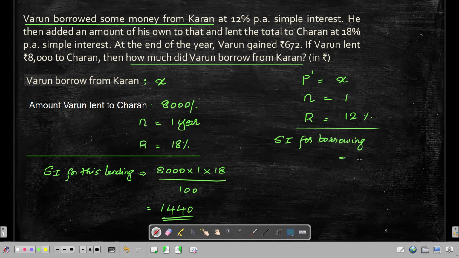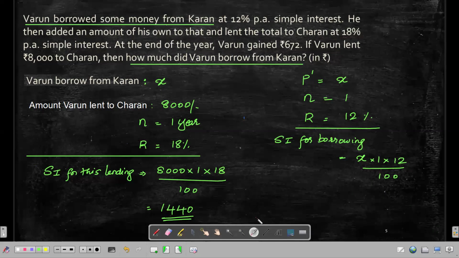That is nothing but PNR by 100. Now, listen very carefully. This 1440 is the money that is coming into Varun's account. Charan gives that. X into 1 into 12 by 100 is the money that is going out from Varun's account, because he has borrowed the money from Karan, so he has to pay that interest also.